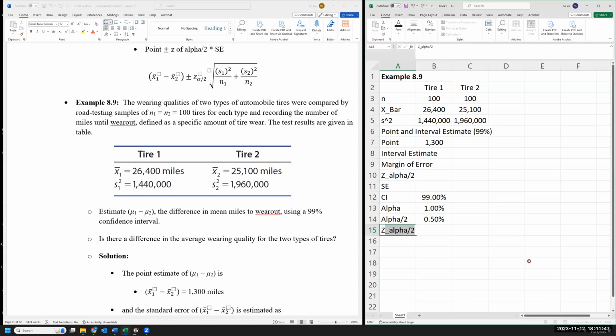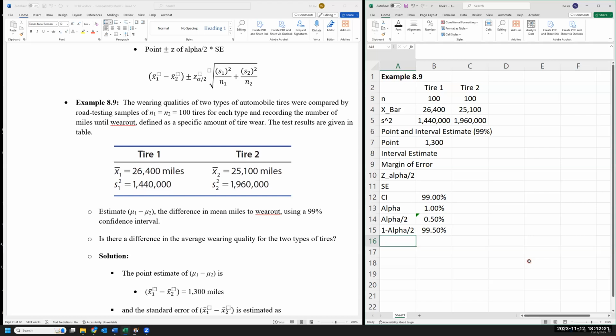So then the z of half an alpha, remember how Excel's function works. If we want to calculate the z that cuts off half an alpha to the right, Excel calculates from the left all the way to the cutoff point. So we need to calculate 1 minus alpha divided by 2.